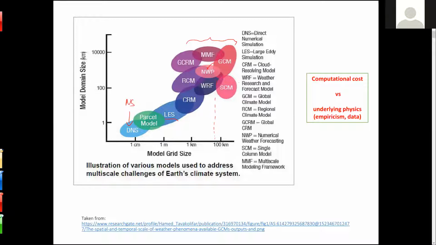So on the side, I think I mentioned this already. There is always a trade-off between computational cost and incorporation of underlying physics.